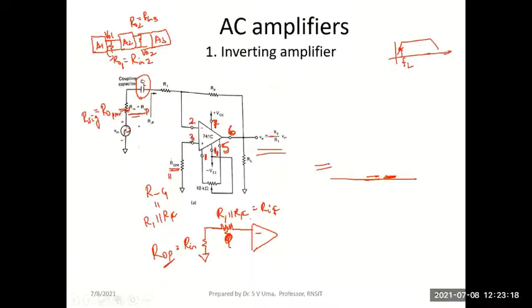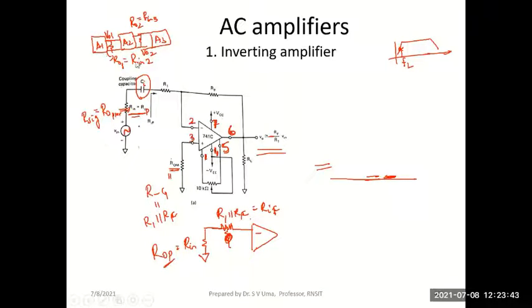And remember, it will be the output resistance of the previous stage when I am using a set of cascaded amplifiers as shown in this figure. So if I cascade 3 amplifiers, then R0 or Rin will represent the output resistance of the previous stage.